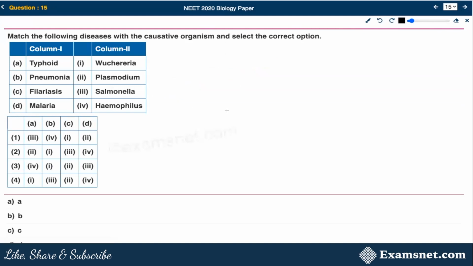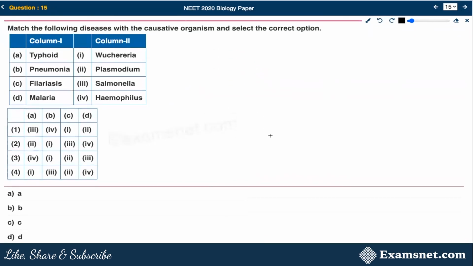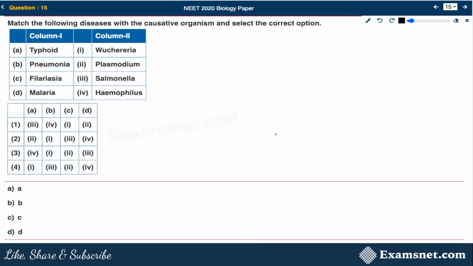Now, moving ahead. Now the next question is that again, match the following diseases with the causative organisms have been given, and you have to find out the correct statement. All right, now let us take a match. So typhoid. All right, so the first option is typhoid.